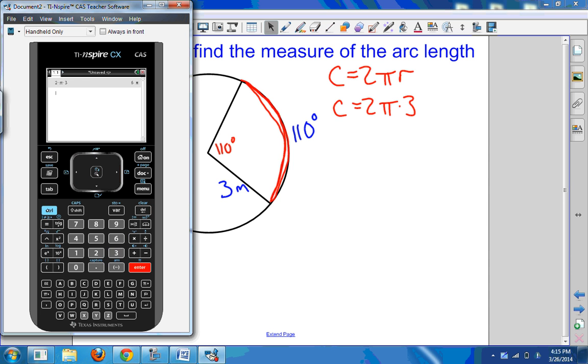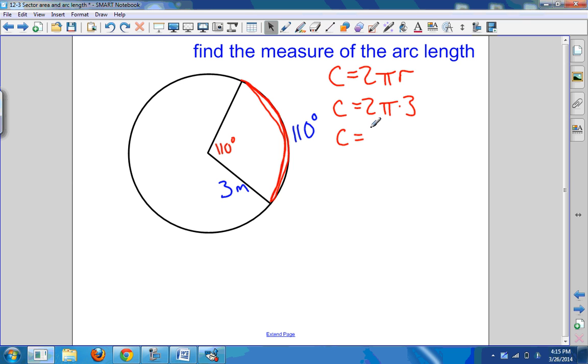We get 6 pi or 18.8. C is equal to 18.8. All right, so that's the distance all around the circle. So a circle with radius 3 would have a circumference of 18.8.